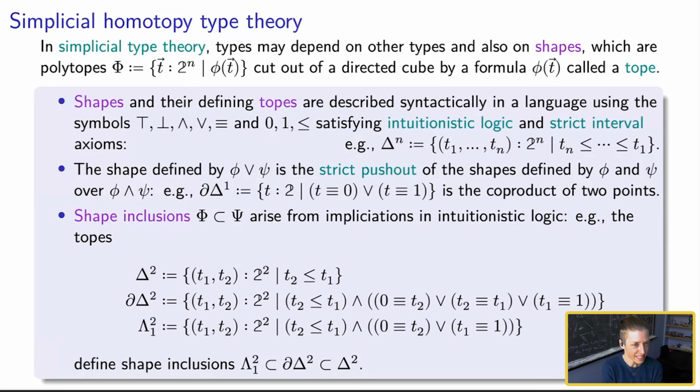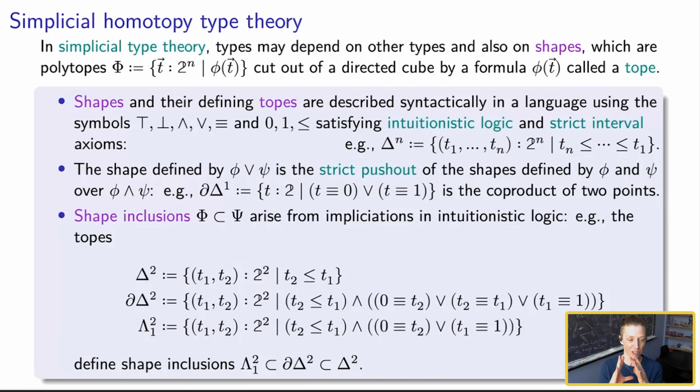What this syntactic language allows you to do is carve out these simplicial shapes, so the simplices in all dimensions, but also different subshapes. And so if we look at the shape inclusion below, the two simplex is carved out of the directed square by the inequality t2 is less than or equal to t1. If I add further side conditions, like for instance the condition that says either t2 is equal to 0 or t2 is equal to t1 or t1 is equal to 1, now I'm in this two simplex, but also on the boundary.